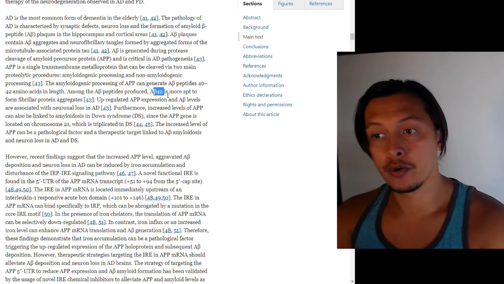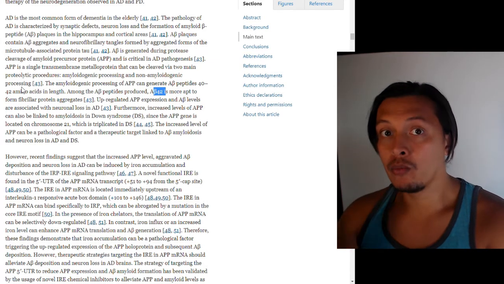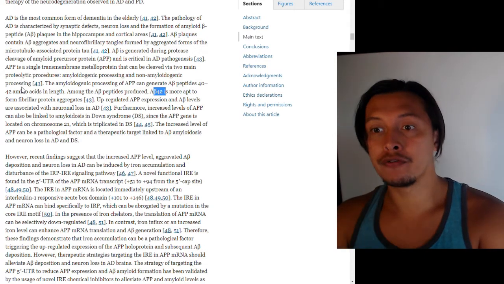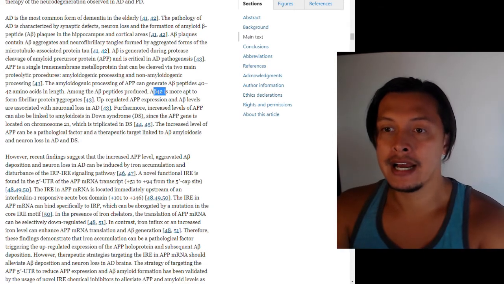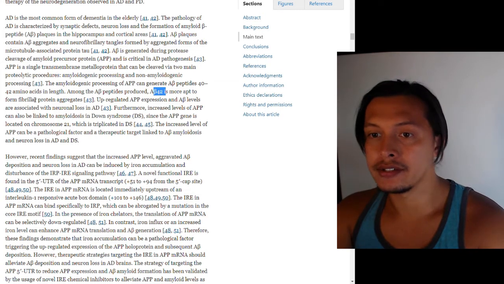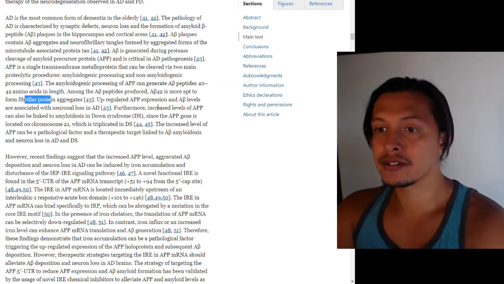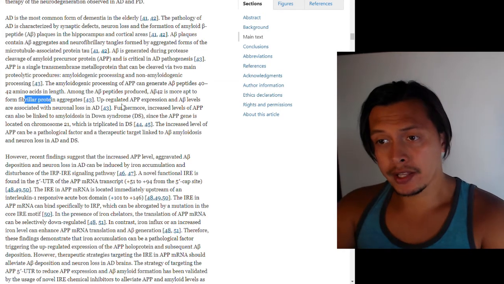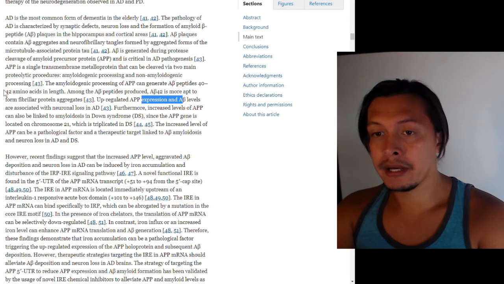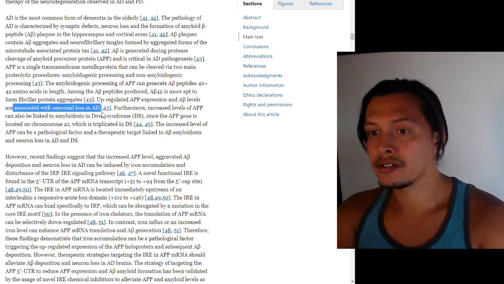So this amyloid beta 42 is the worst peptide to form these fibrillar protein aggregates.